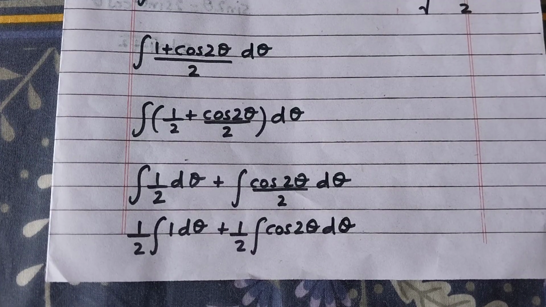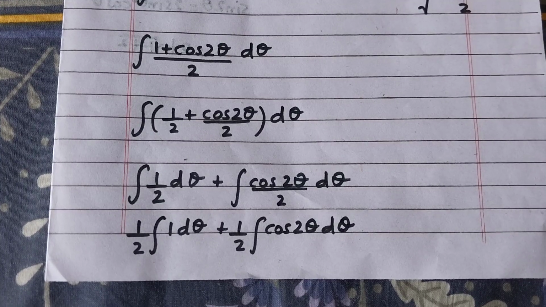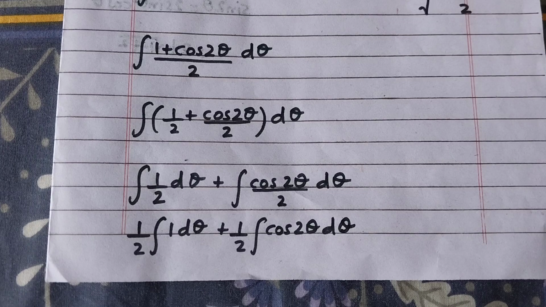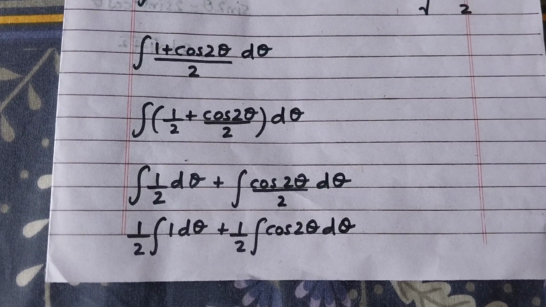It makes no difference. So we are left with integration of 1 with respect to theta, and in the second term we are left with integration of cos 2 theta with respect to theta. So now we can see that we can easily integrate these two things, 1 and cos 2 theta.